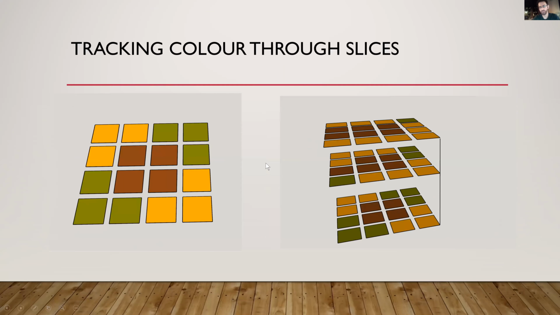So the process then, if you want to take these slices and turn that into a computer model so that you can then do other analysis on it, is to have your photograph. So the image on the left represents our photograph. We select the color values that we want to track.